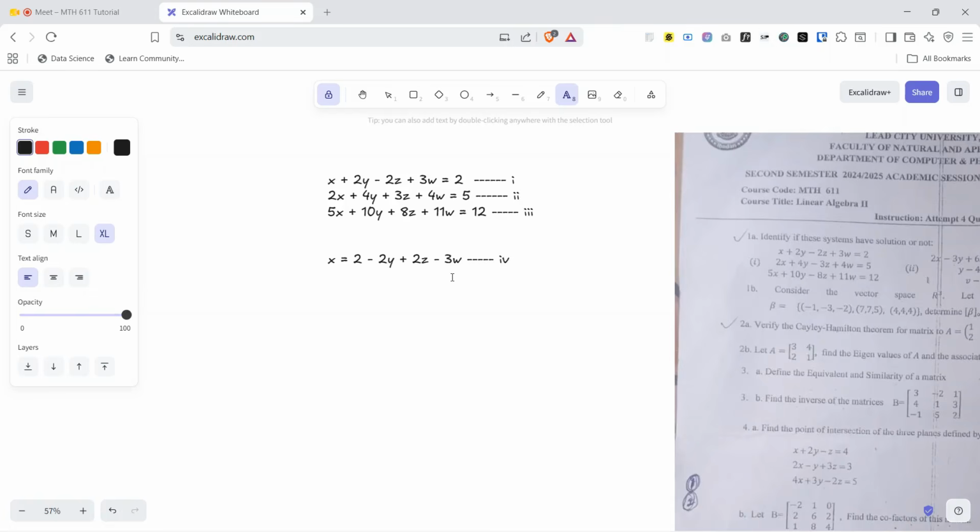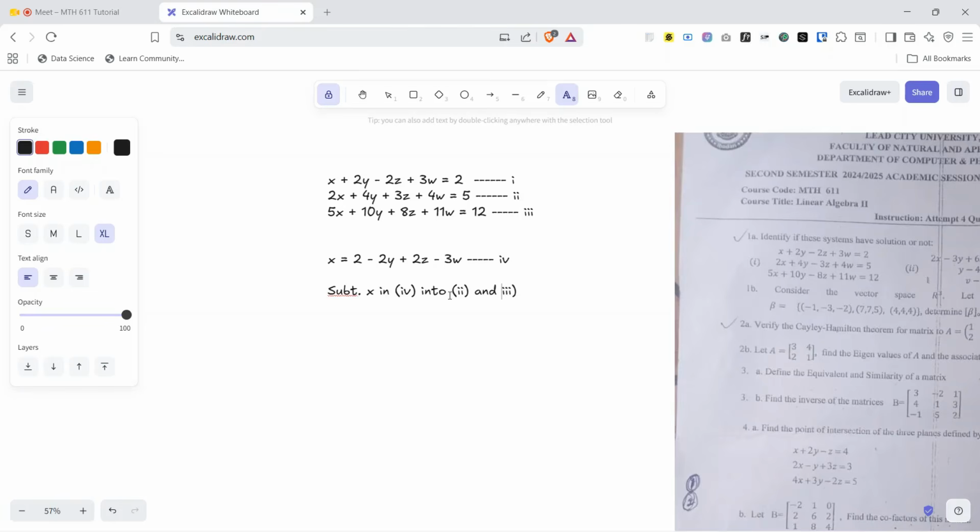Now that we have equation 4, what you would do is substitute for x. This equation 4, you substitute x in both equation 2 and equation 3. So substitute x in IV into II and then into III.